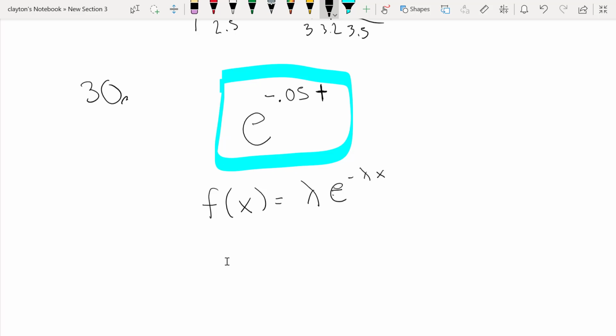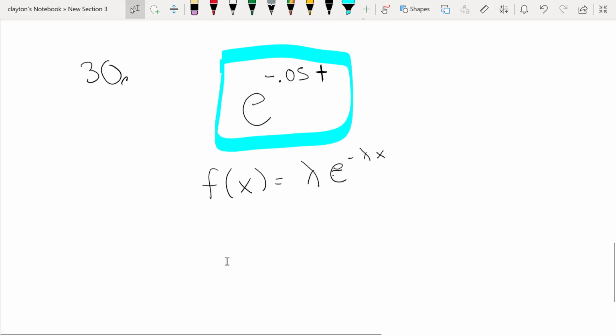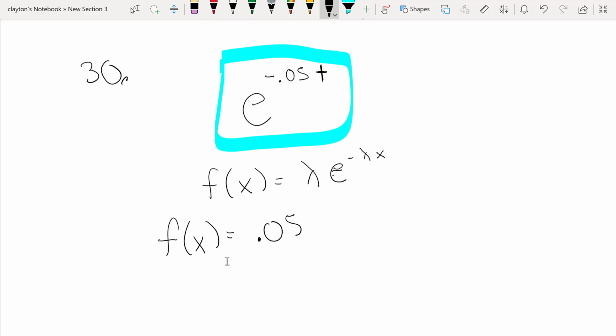So rather than going and having to solve for that k, it actually is just the lambda that you have there. So our function is equal to 0.05 e to the negative 0.05 x.